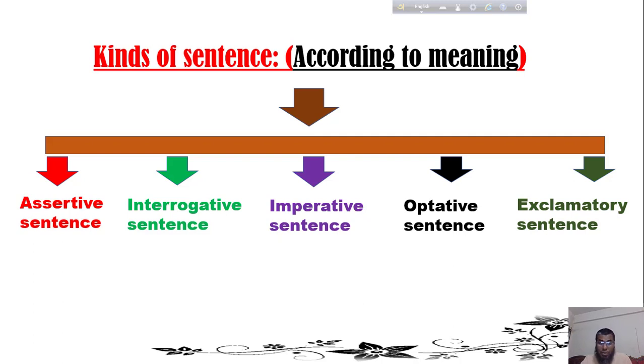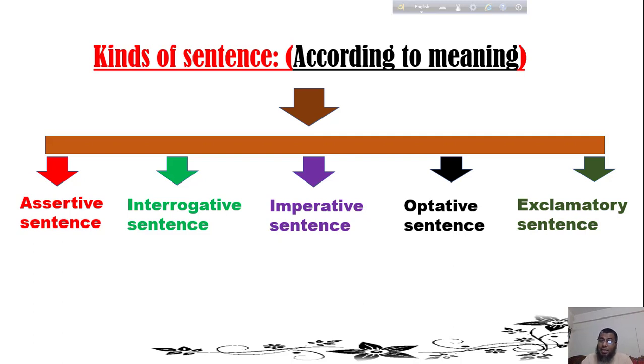Right. So my dear students, I think you have got a clear idea about the five sentences. I repeat it. Assertive sentence, which asserts something, maybe in a positive or negative way. Interrogative sentence, which asks something, that is a question sentence actually.